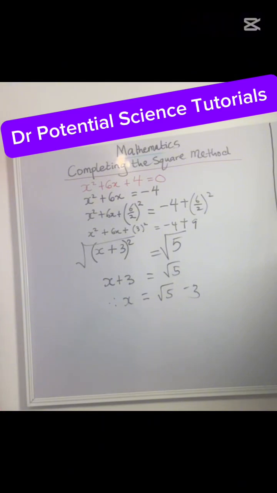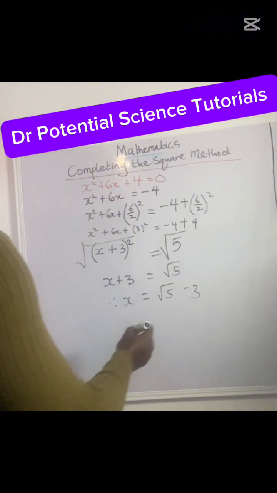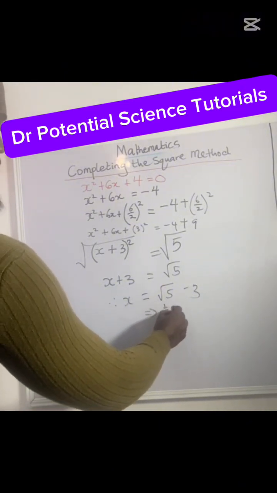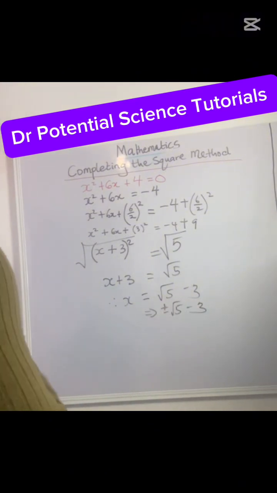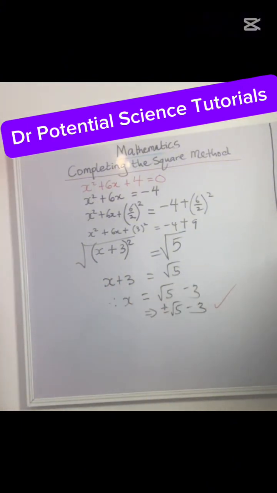Remember, root 5 can be positive or negative, so it is plus or minus root 5. Anything you get there, minus 3. That is how to solve a quadratic equation using the completing the square method.